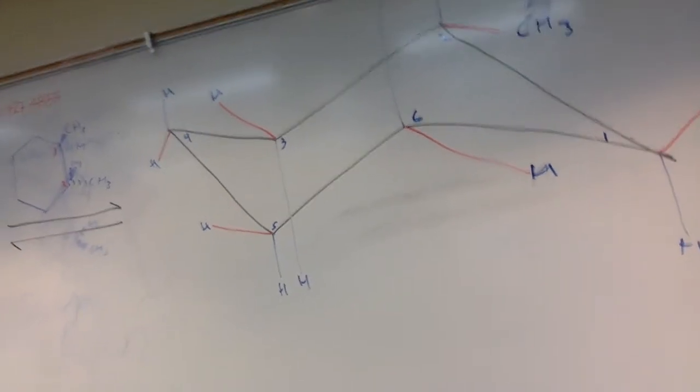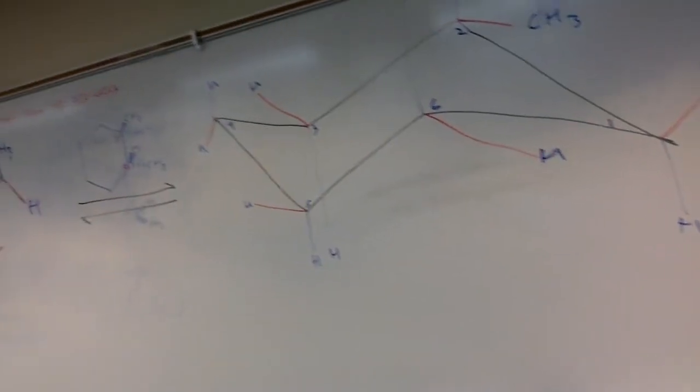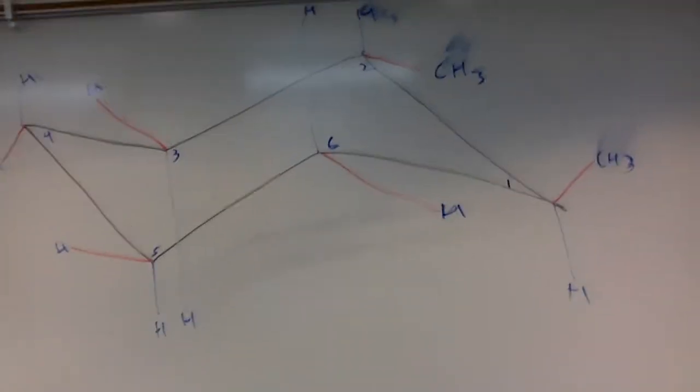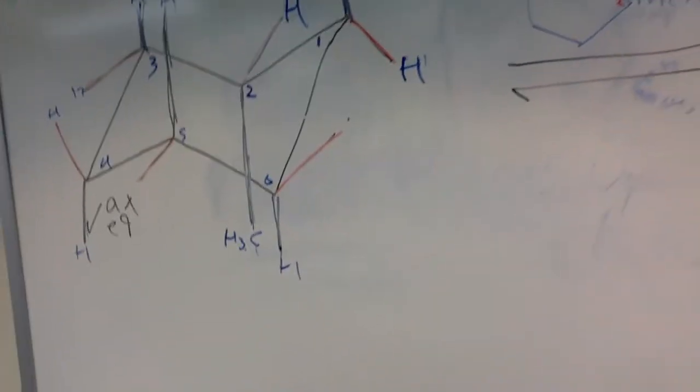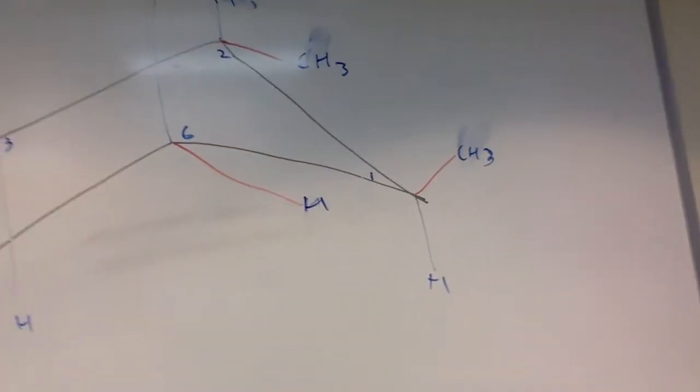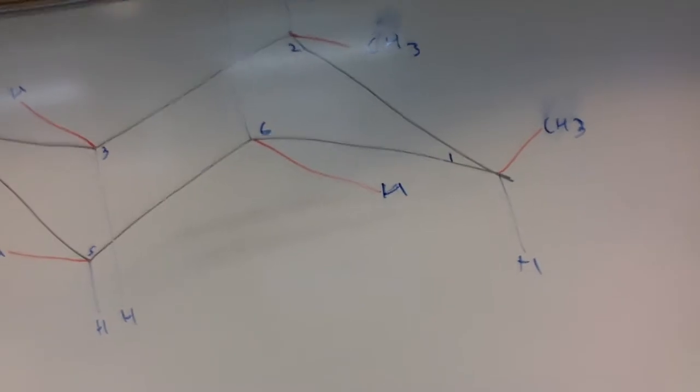Now I'm going to ask which conformation is more stable. Is it the one where they're both equatorial, or the one where they're both axial? And the answer is this one. One thing to remember is that equatorial is always more stable than axial.